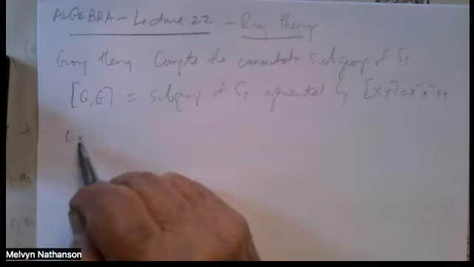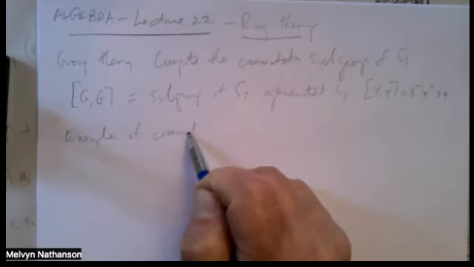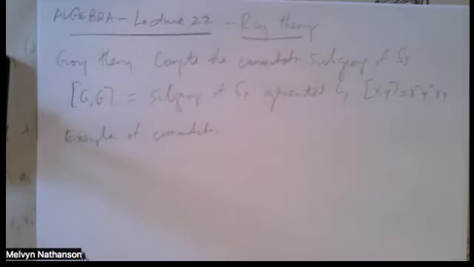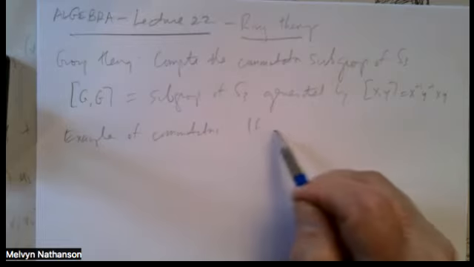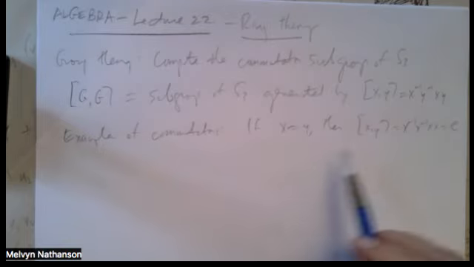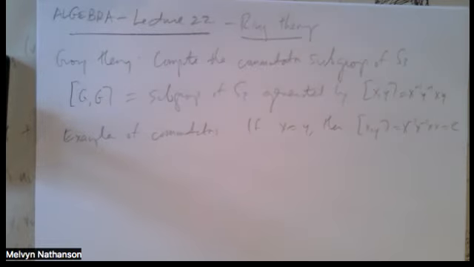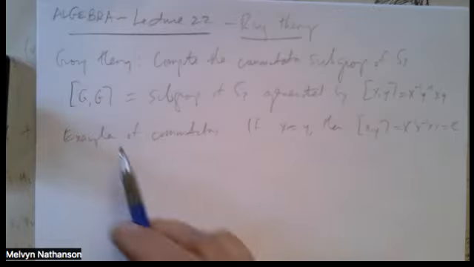So let's just look at some examples of commutators. If x equals y, then this commutator is x inverse x x, which is just the identity. So taking the commutator of an element with itself is the identity.